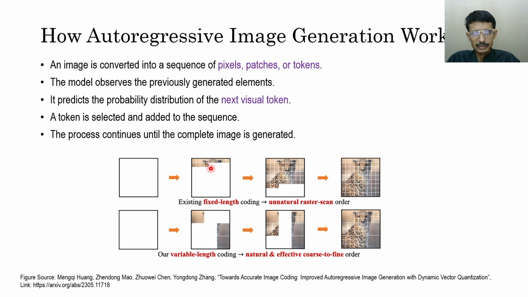This process continues until the image is complete. Sometimes it is a fixed encoding with raster order, or a variable encoding. So these are the ways it predicts the next tokens.